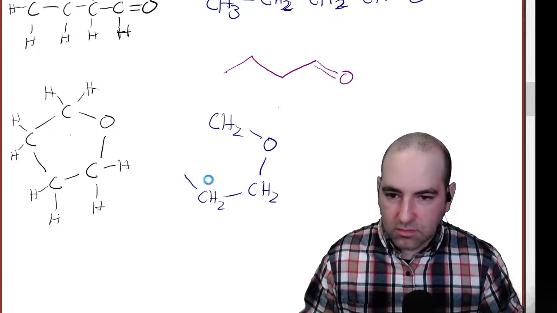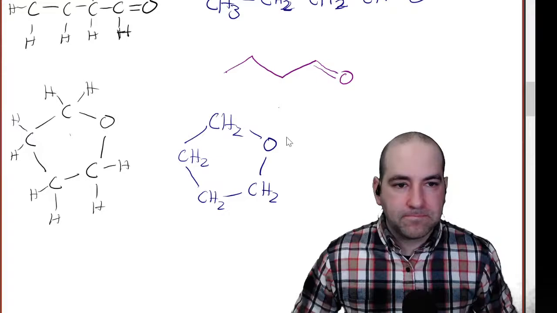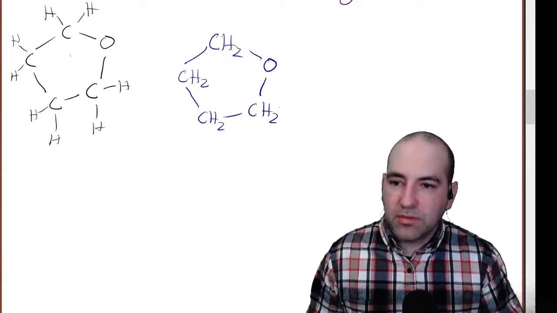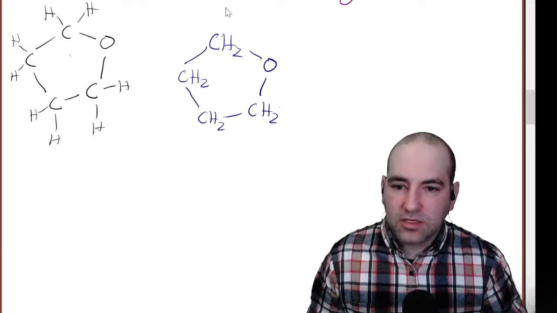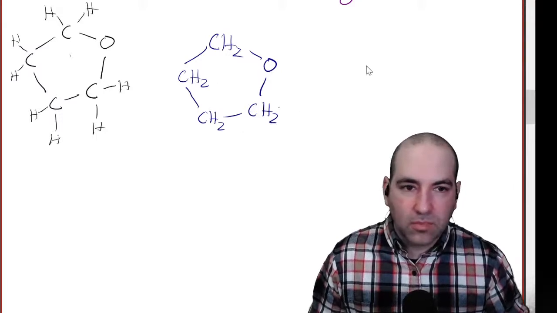All right, so I might draw it like that. And then for a line structure here, we're actually going to keep that same shape, but because we're only drawing lines, we actually just get a nice pentagon structure with an oxygen there.